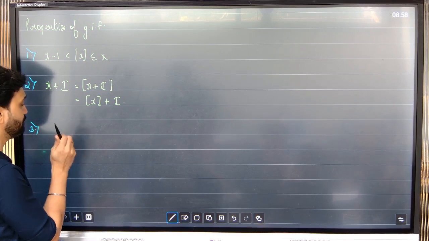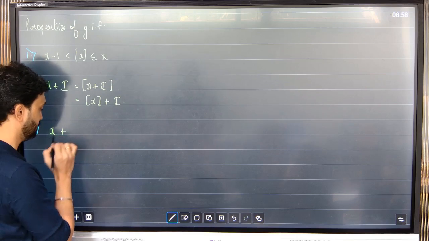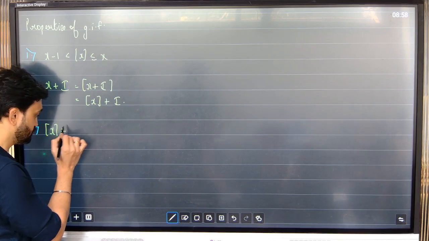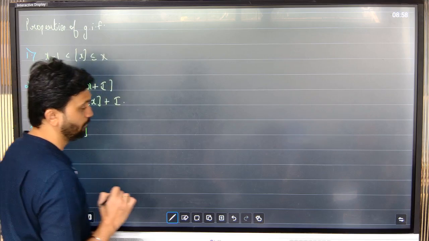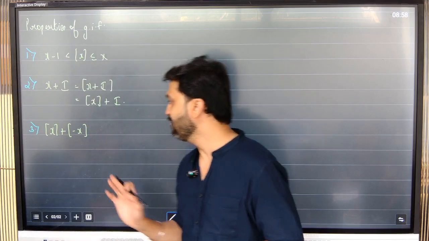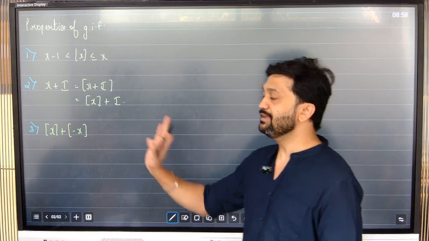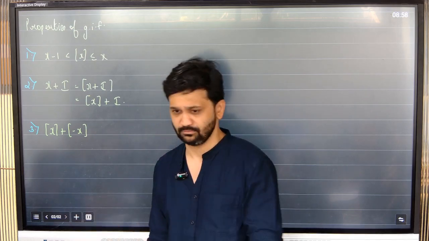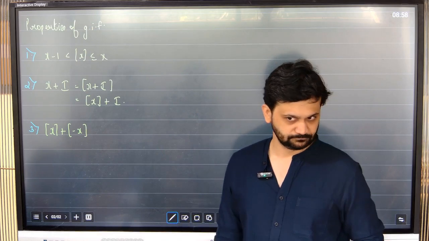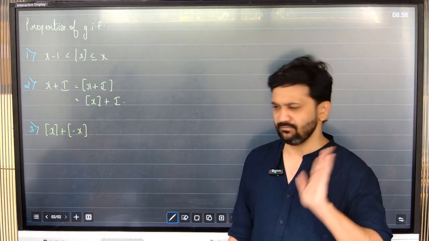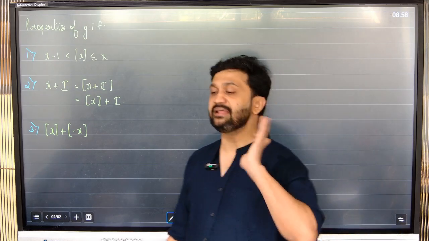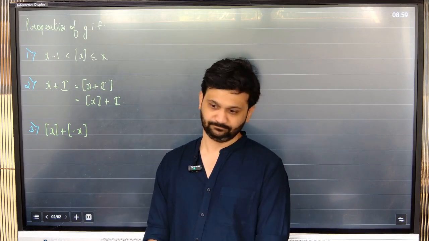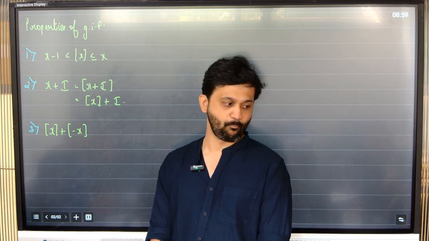Now the third part, a very important part: greatest integer function of x plus greatest integer function of minus x. Now this is where I have to understand that if I take an example, any example of your choice, any decimal value of x in your mind, can you tell me what the answer will be? Minus 1.